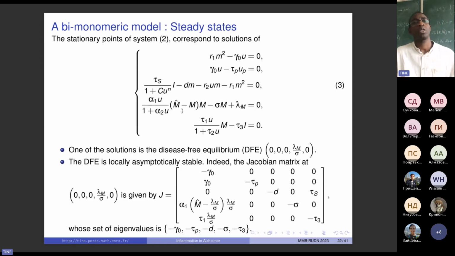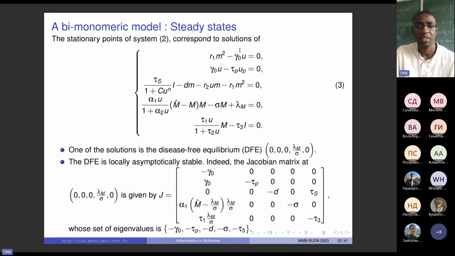When we look at the stationary points of this model, we have to solve this system. It is easy to see the disease-free equilibrium, that means the system without disease.